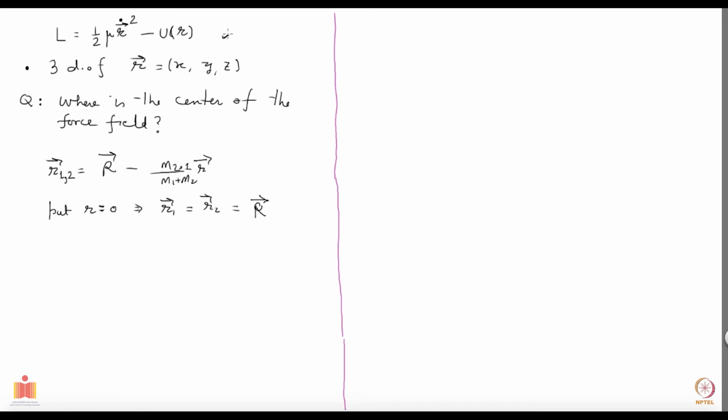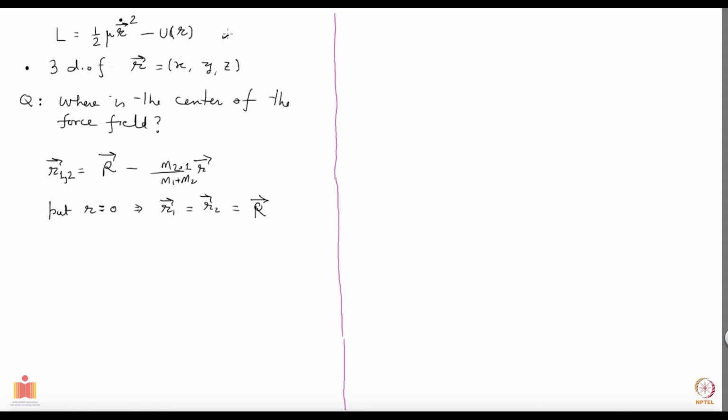I hope it will not be an issue in understanding. Anyhow, because our potential energy is dependent only on the coordinate small r, only the magnitude of it, it does not matter at what azimuthal or polar angle the point mu is located.